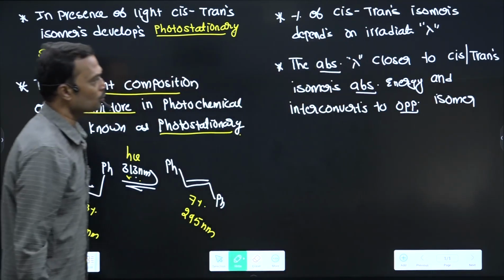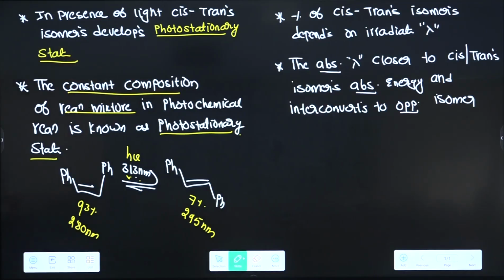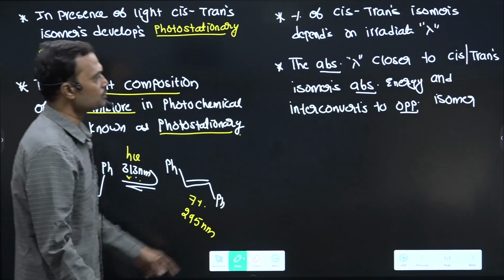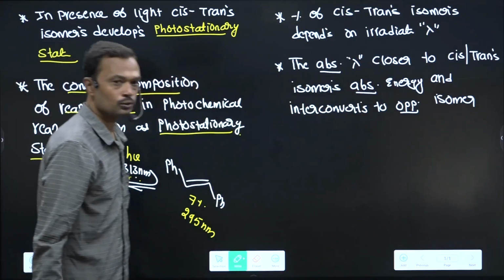The absorption lambda closer to either the cis or trans isomer, any one, that will absorb energy and interconvert to the opposite isomer.